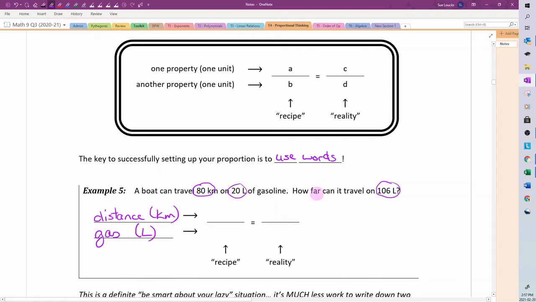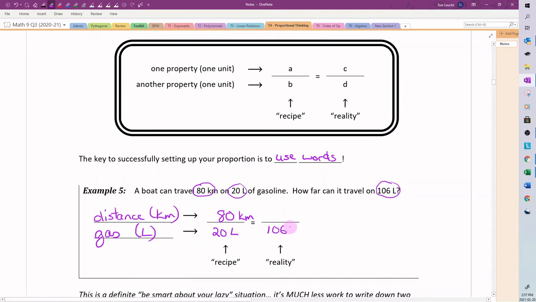I'm going to start with my recipe, which is what I've been told works. So 80 kilometers takes 20 liters of gasoline. I'll put the 80 here, and I can put the units there. I don't strictly have to, but it's not a bad idea. And then I have 20 liters of gas because those two things go together. Then I'm told I've got 106 liters, so that goes on the liters line.